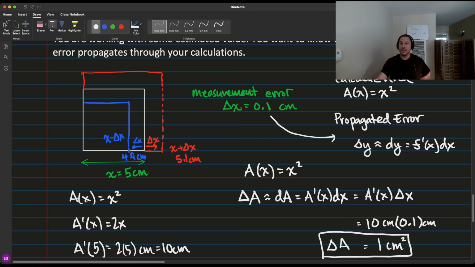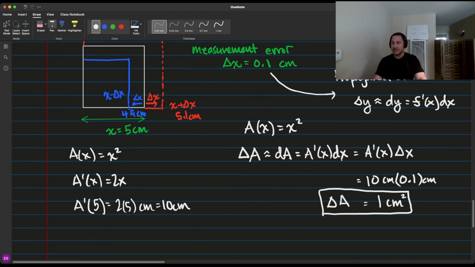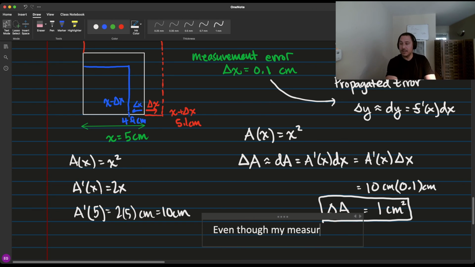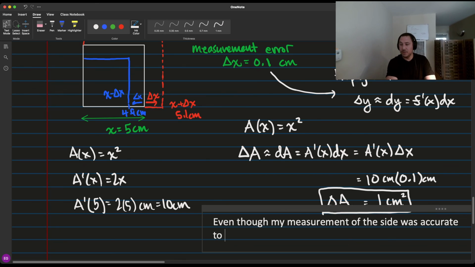This is telling me, and I'm going to write this out, even though my measurement of the side was accurate to 0.1 centimeters, I have a propagated error of 1 centimeter squared for the area.